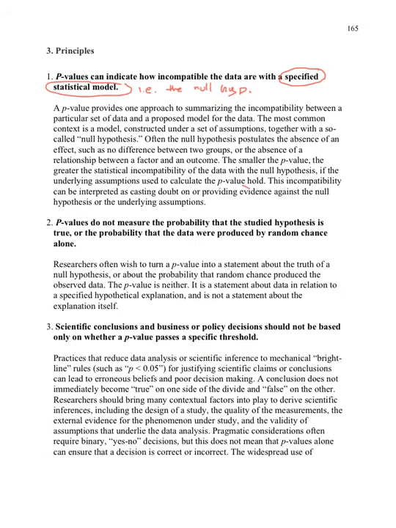So p-values can indicate how incompatible the data are with a specified statistical model, i.e. the null hypothesis. They do not measure the probability that the studied hypothesis is true or the probability that the data were produced by random chance alone.